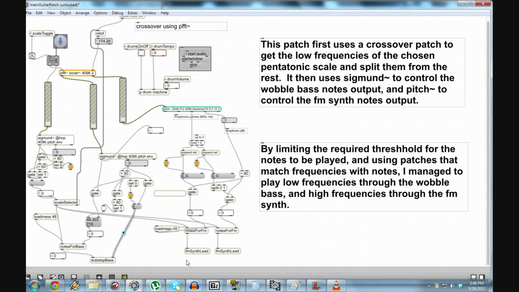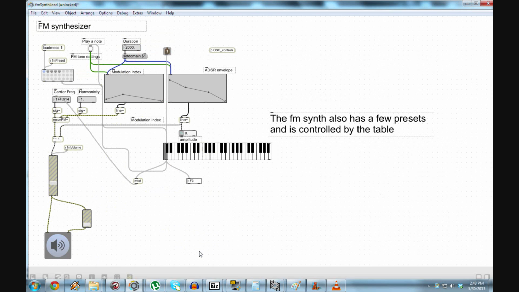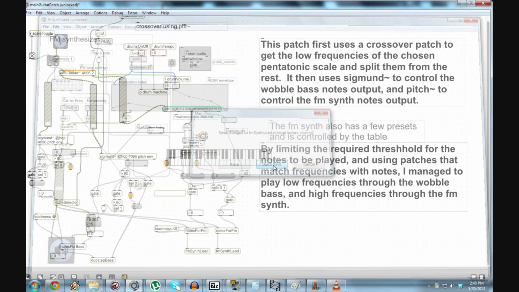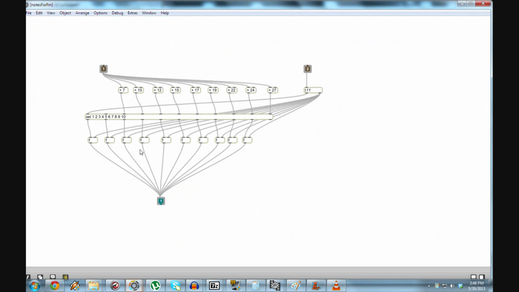And then for the high notes, the FM lead, you get the notes of the pentatonic scale starting from the 7th semitone from the root.